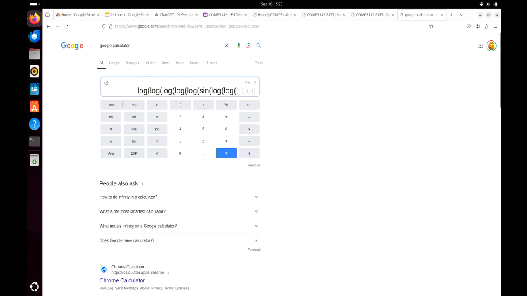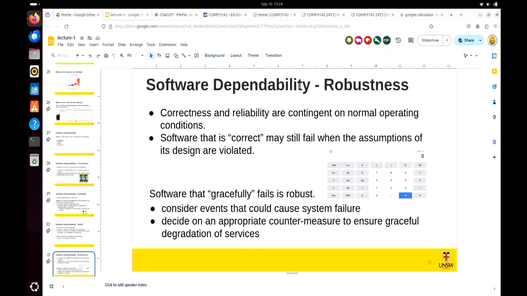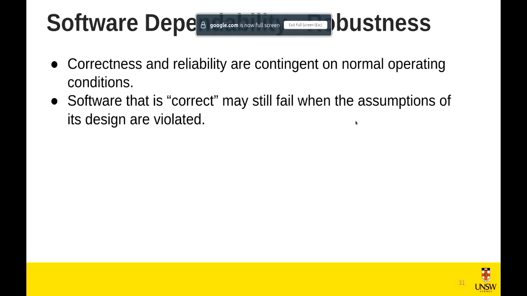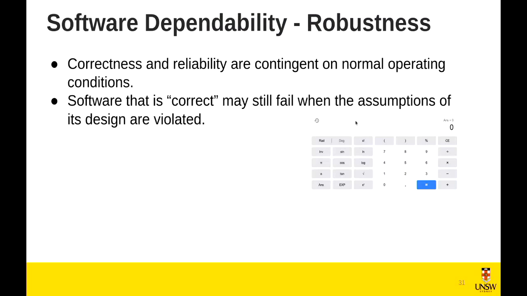If I type E, you can see it accepts E as a special number here. And if I type W, it just doesn't respond. And this type of behavior of refusing to respond could be considered as a failure. So the system is not responding to my keyboard input.